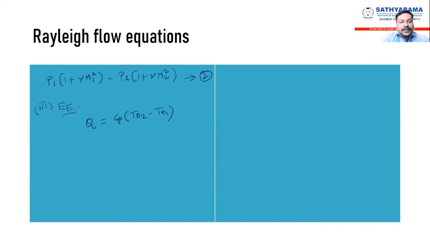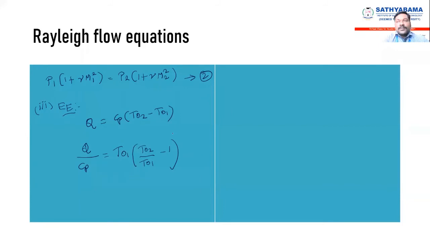For the Rayleigh equation, the relation we use is Q by Cp. Bringing out the T01 term, it becomes T02 by T01 minus 1.